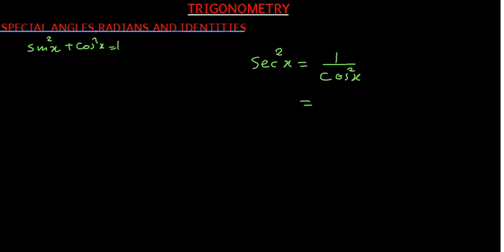So sec squared x is the same as 1 over cos squared x. And then where there is 1, I'm going to put sin squared x plus cos squared x, and that is now divided by cos squared x.